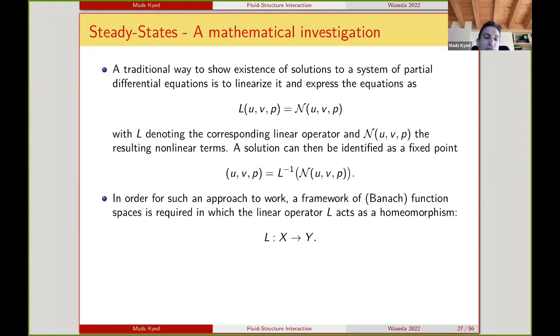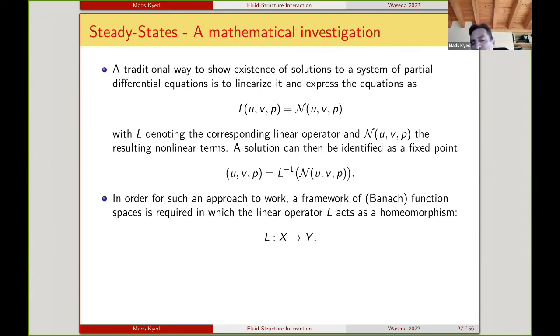Okay, so in order for such an approach to work, obviously we need a framework of Banach spaces, because in order to obtain fixed points, we need Banach spaces. Well, not completely true. Of course, there are fixed point theorems that require only metric spaces, but the best case scenario is that you have Banach spaces.